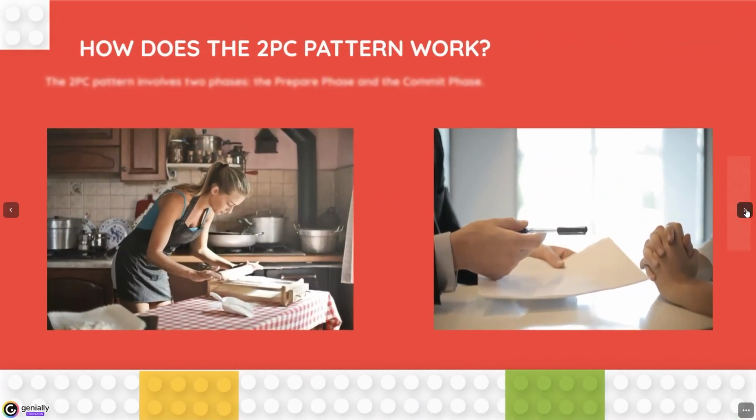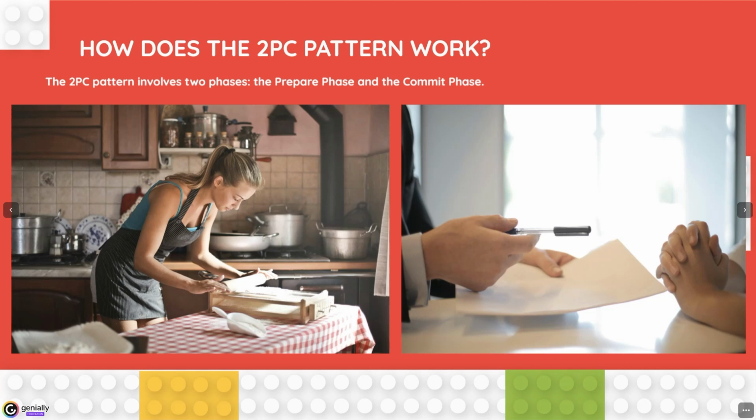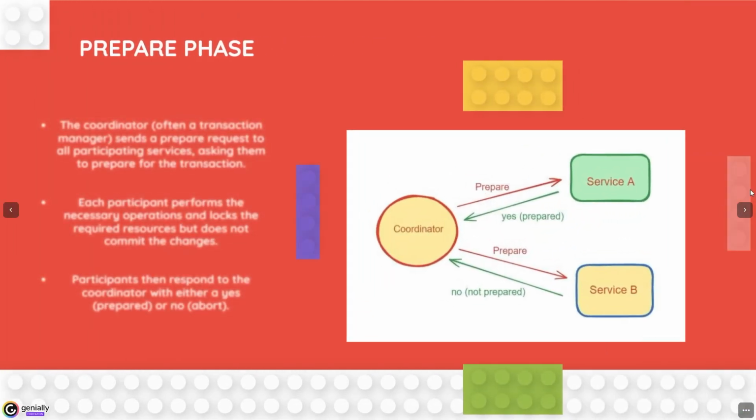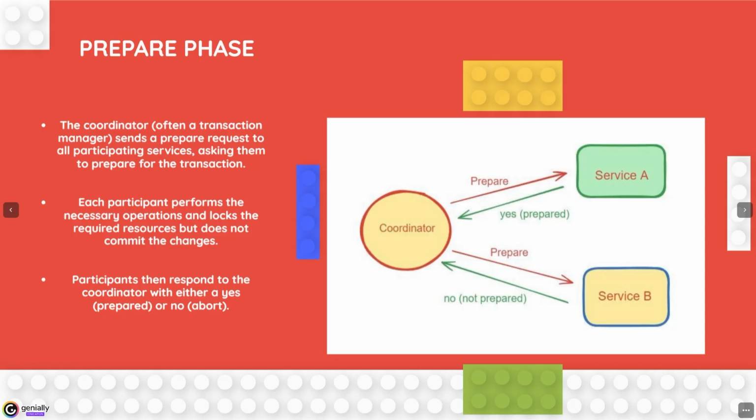So, how does 2PC pattern work? 2PC pattern involves two phases. One is prepare phase and the other one is commit phase. Prepare phase: the coordinator, often a transaction manager, sends a prepare request to all participating services, asking them to prepare for the transaction.